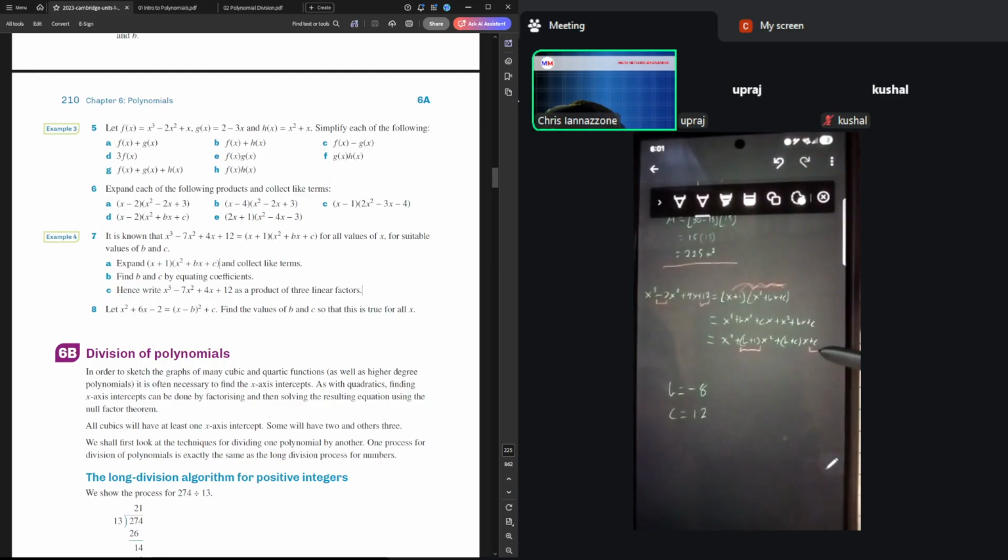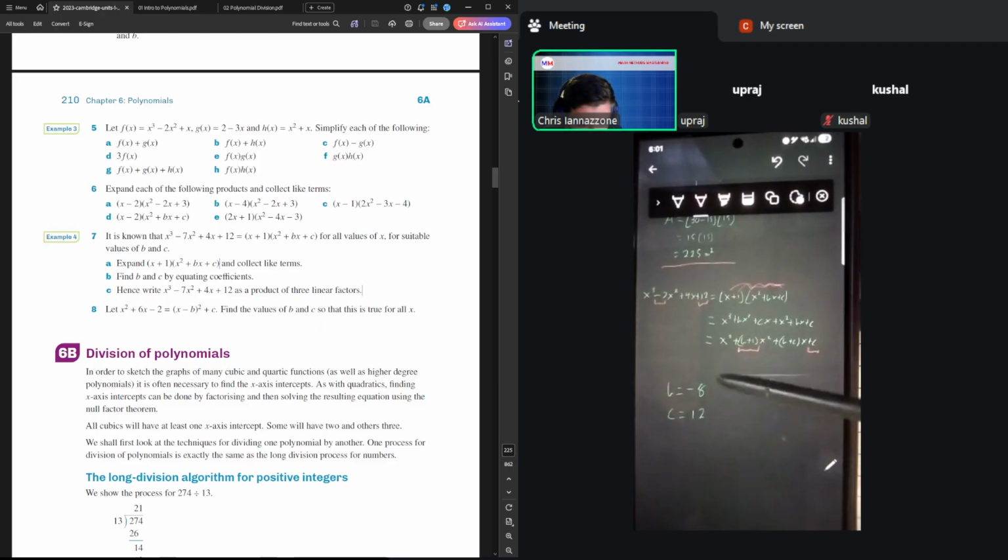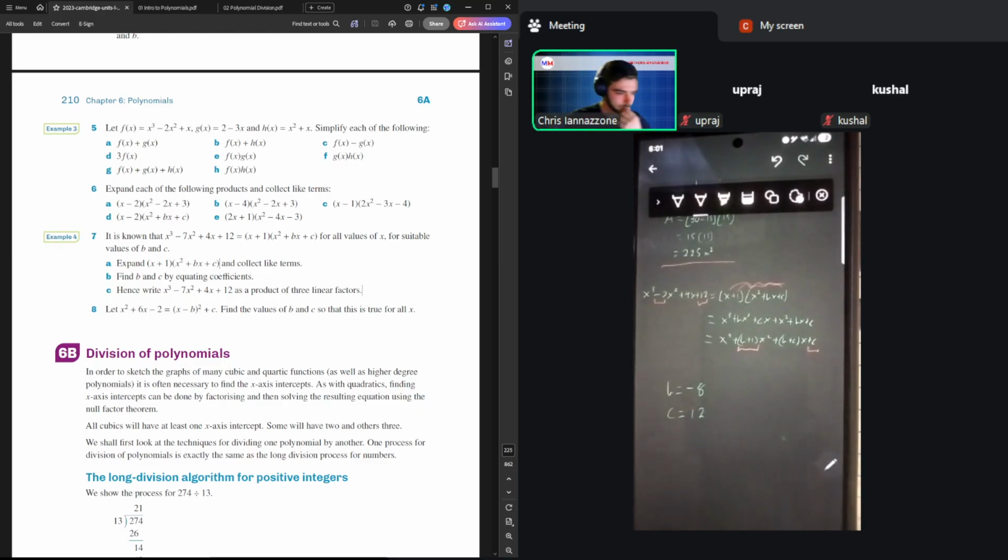So basically looking at both of these, this was an x squared term, this was an x squared term, therefore those things should be the same. b plus 1 equals negative 7, that simplifies to b equals negative 8. And well, you could look at this one if you wanted to as well, but this is a lot easier, right? You just have this c floating out there, you have a plus 12 floating out there, so it's going to be the same. Very good.